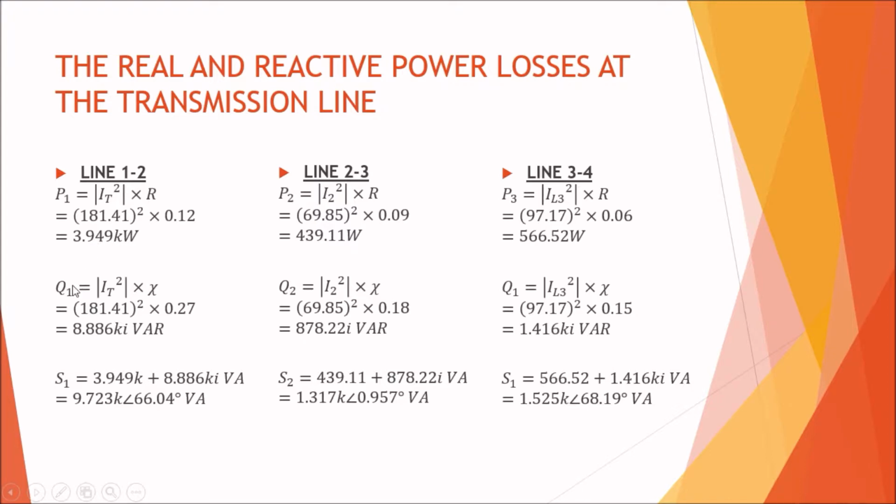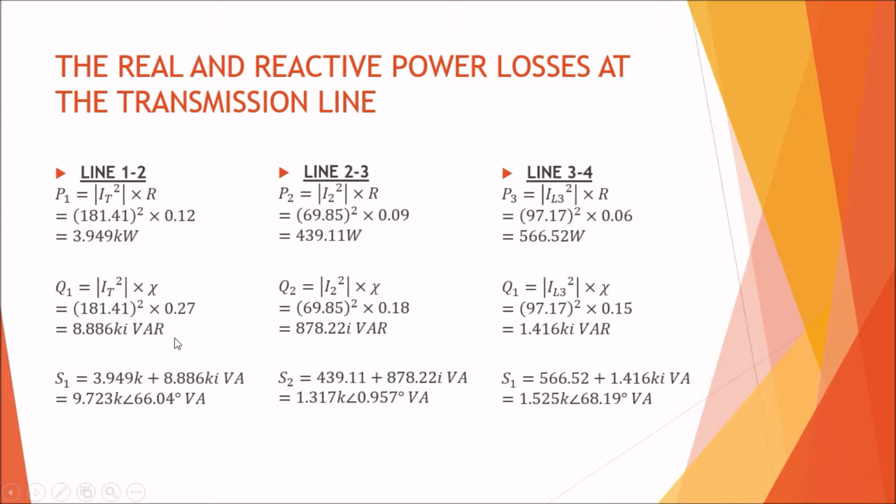For reactive power, we use this formula, which is IT square times with the value of either capacitor or inductance, and this is the value 181.41 square times with 0.27, so we get 8.886 kilo imaginary VAR.